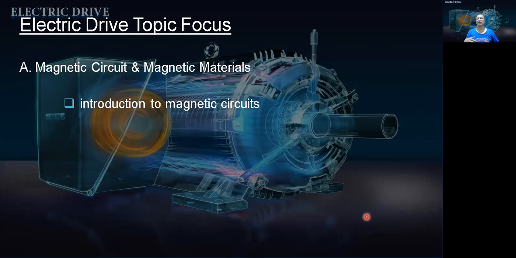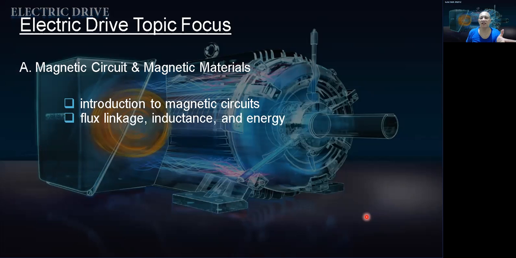When current is excited through the wire, that ferromagnetic material, the magnetic circuit, will be energized and magnetized, and therefore it creates torque, pushing and pulling, and then movement happens. It involves flux linkage, inductance, energy and energy conversion also.